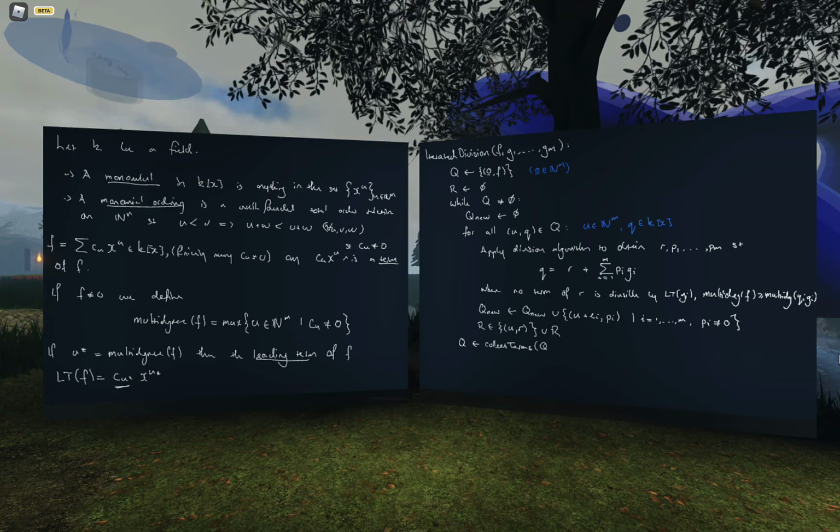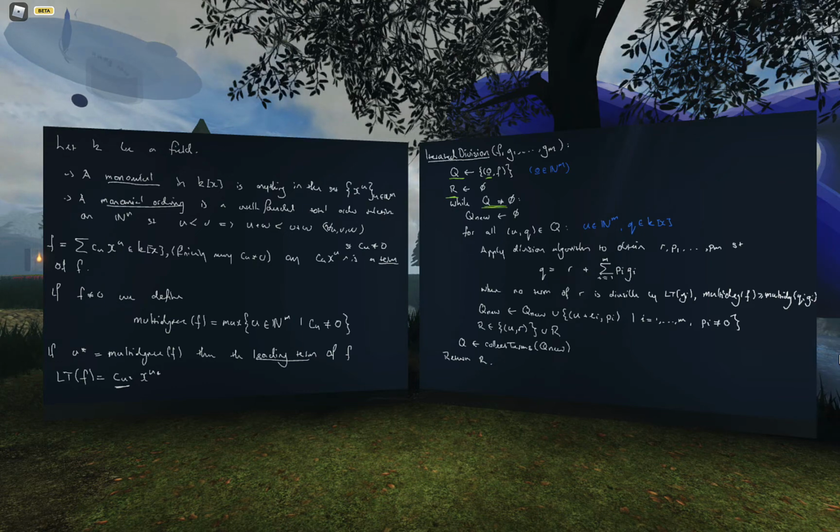The way I've got things set up here, we've got a set of polynomials and indexes, which I'm calling Q, and Q is going to hold the coefficients, the stuff that's generated by the division algorithm, and R is going to hold the remainder terms.